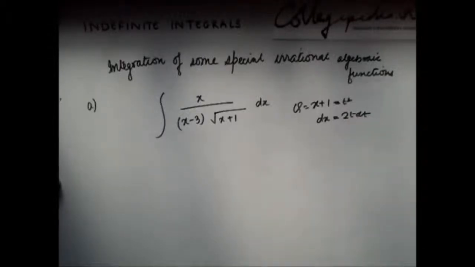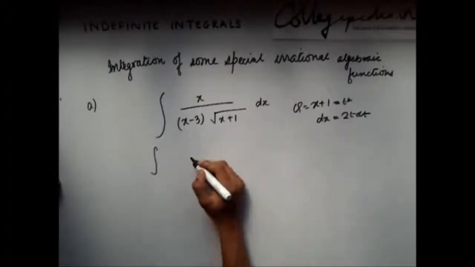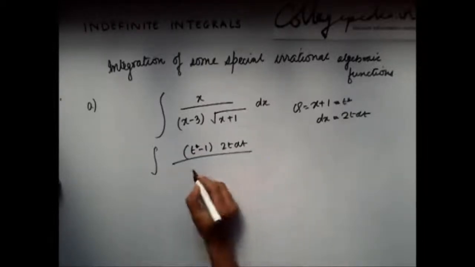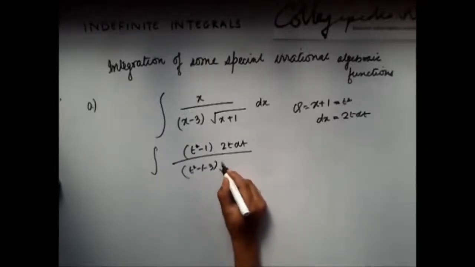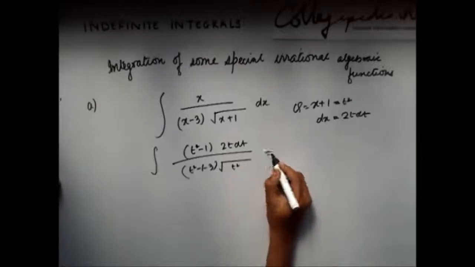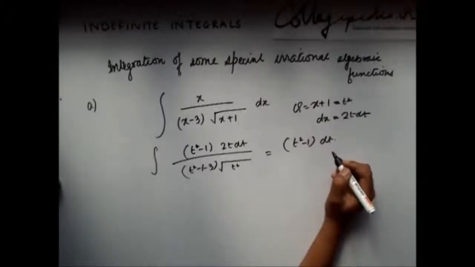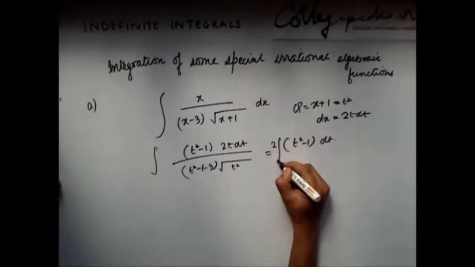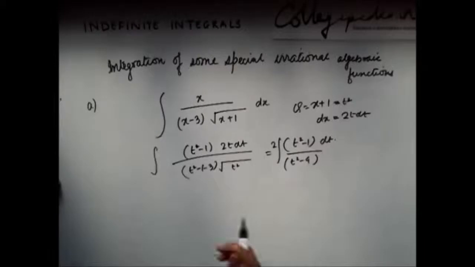Now putting the values of x and dx, this integral gets converted into t square minus 1, dx is 2t dt, x is t square minus 1 minus 3, and this one is t square. So this integral gets converted into 2 times t square minus 1 dt over t square minus 4. Okay.